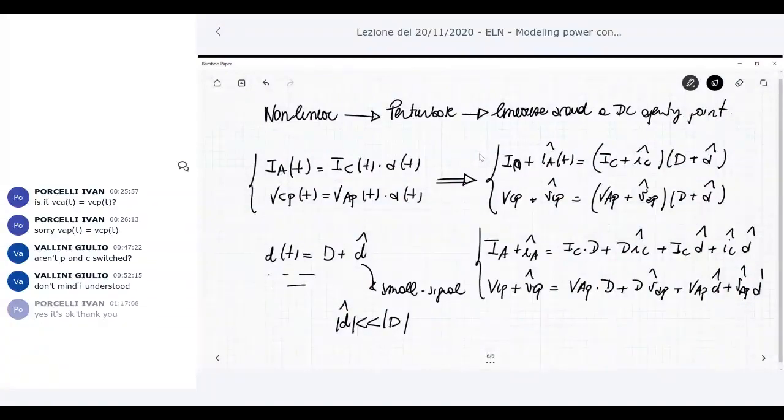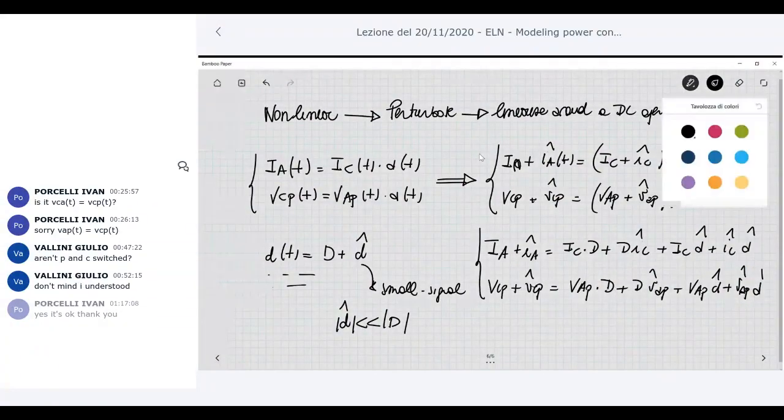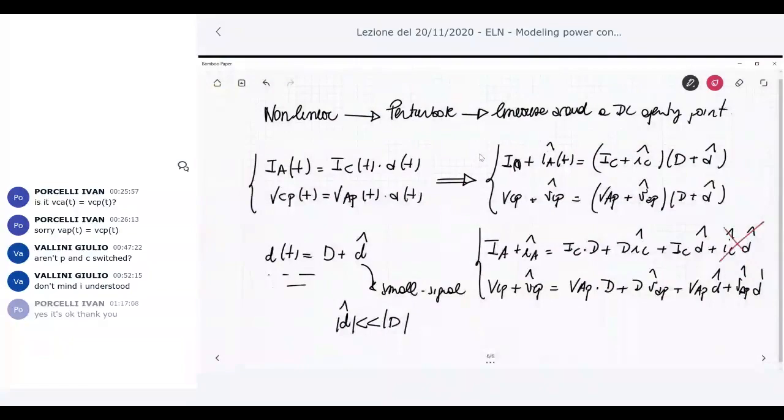Now we can proceed as usual. We can neglect second order nonlinear terms that are the product of two small signal quantities, the product of two variables having the hat sign. So we can neglect these. They are second order terms, and they are small signal.